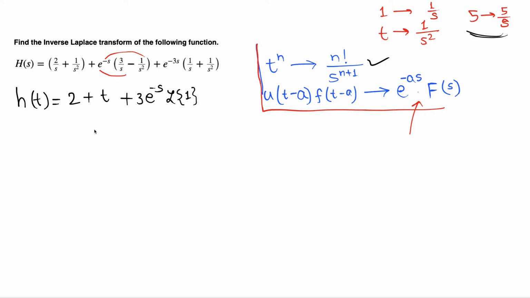Minus, again e to the negative s, 1 over s squared, and e to the negative s, 1 over s squared is Laplace of t. Plus, again same thing, so we got two terms, e to the negative 3s, 1 over s is Laplace of 1, plus e to the negative 3s, 1 over s squared is Laplace of t.